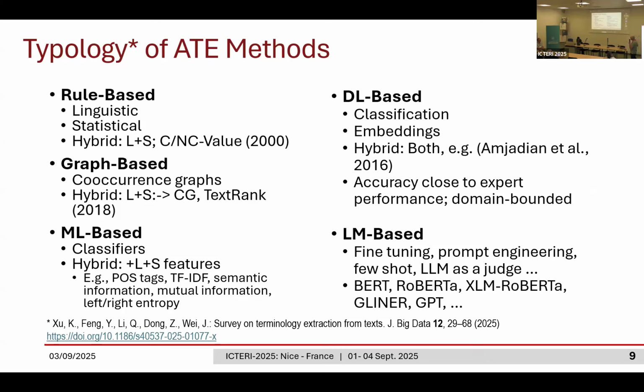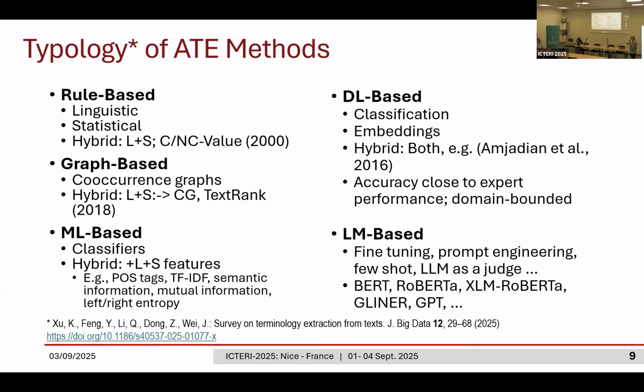For example, POS tags, IDF, semantic information, mutual information, left-right entropy, which led us to embeddings further on in DL-based methods, which are also about classification and embeddings, also hybrid, and finally LM-based, which do essentially fine-tuning for a particular domain of discourse, or prompt engineering for few-shot, using LLM as a judge, and many other approaches. The representatives here: BERT, mentioned already, RoBERTa, XLM-RoBERTa, GLiNER, which is one of the champions for today, I would say, and the line of the GPT stack.